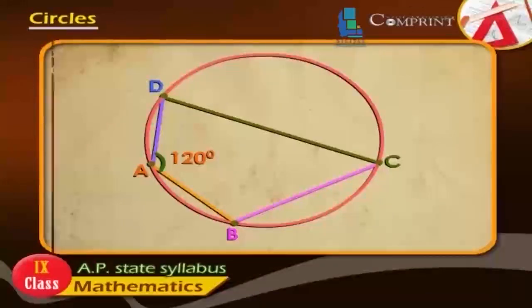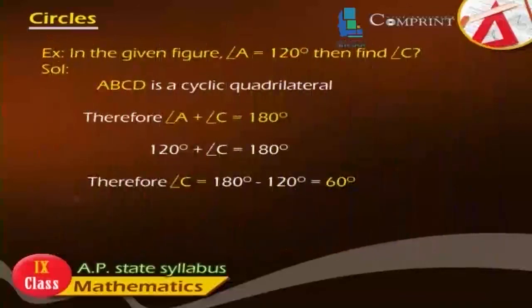Therefore, angle A plus angle C is equal to 180 degrees. On substituting the value of angle A, we get 120 degrees plus angle C is equal to 180 degrees. Therefore, angle C is equal to 180 degrees minus 120 degrees, equal to 60 degrees.